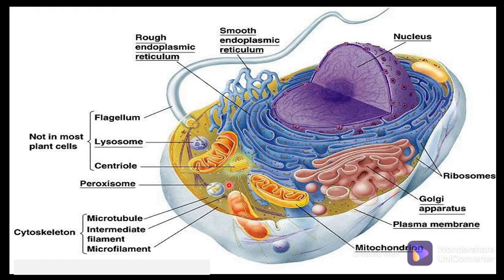So these are extremely minute complex interactive networks formed by these three types of filaments, and they are concerned with the structural framework, orientation and distribution of cell organelles, movement within the cell, and maintenance of the shape of the cell.